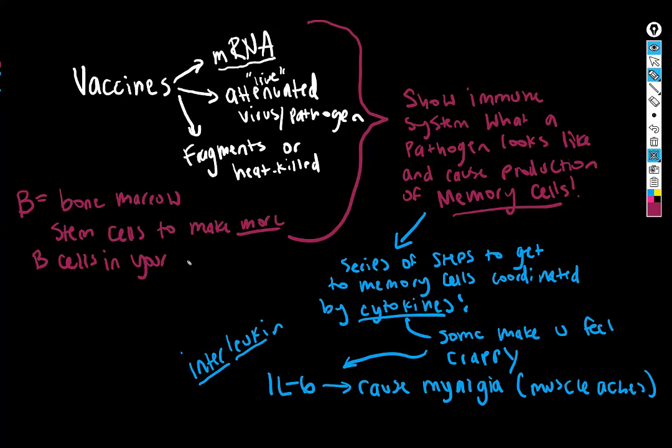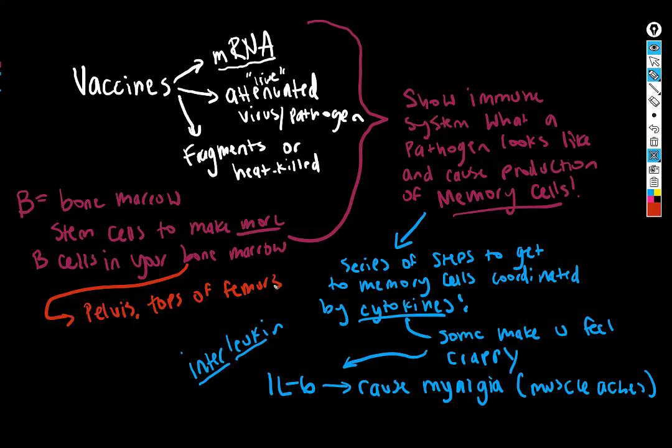Now, as adults, we don't have that much red bone marrow left, but what we do have is primarily concentrated in our pelvis and the tops of our femurs.